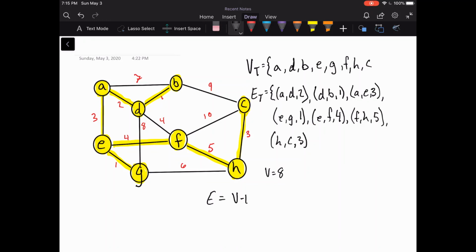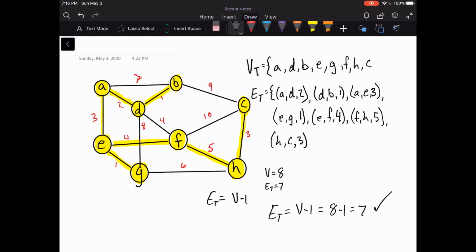We have 1, 2, 3, 4, 5, 6, 7 edges. So E of T equals 7. Let's make that E of T. So E of T equals V minus 1, which is equal to 8 minus 1, which equals 7. And so that is correct. We do in fact have all of them as a simple check.